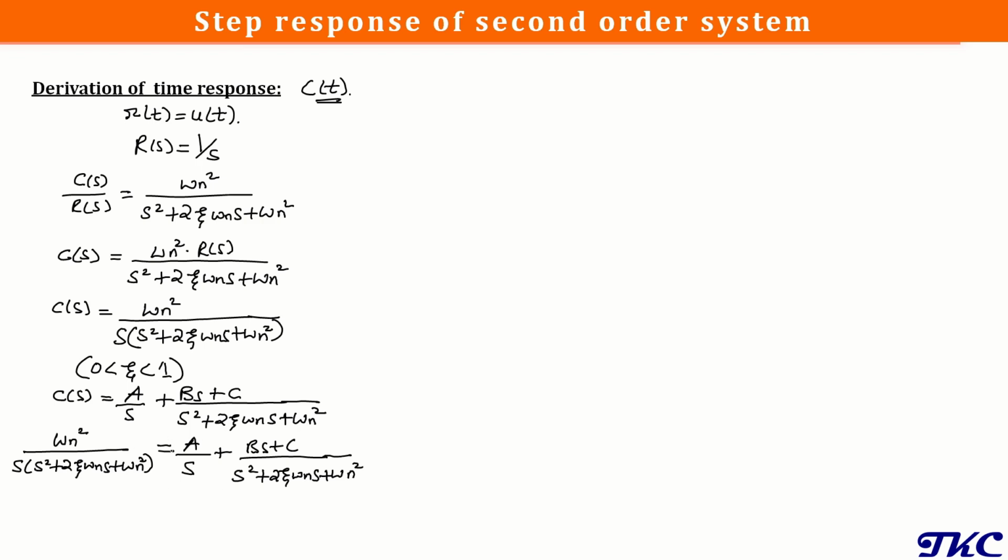Now here, in order to write C(s) in this form, we need to find the values of A, B and C. So here we'll cross multiply and try to cancel the denominator.